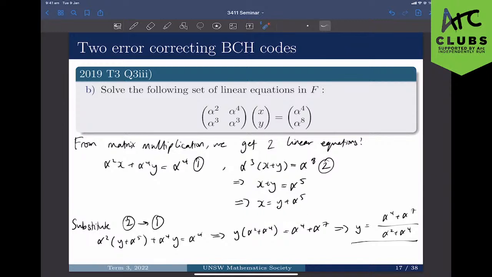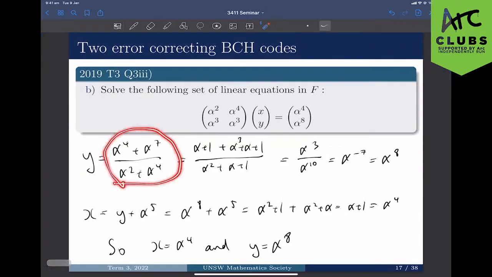And we end up with a term of x, which is in terms of y. And then if we substitute this value of x into this original equation 1, once we do a bit more algebra, we end up with alpha to the power 4 plus alpha to the power 7. And then obviously we divide it by the term that's multiplying y.